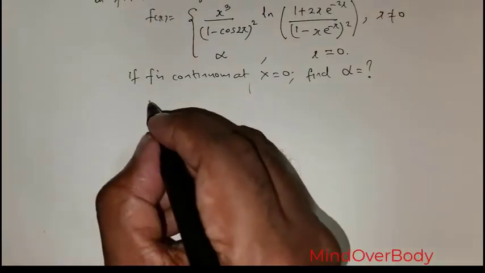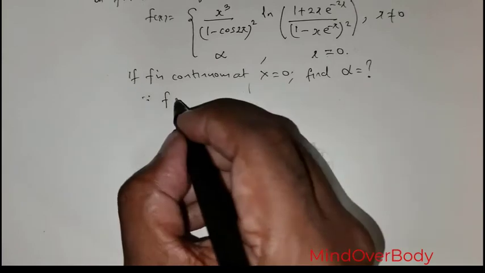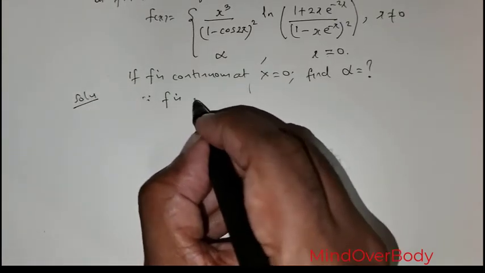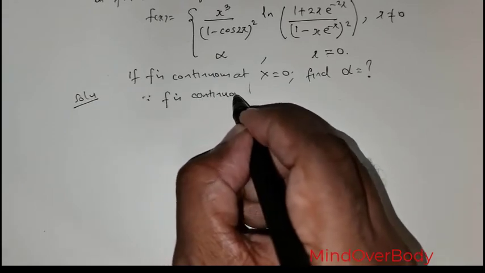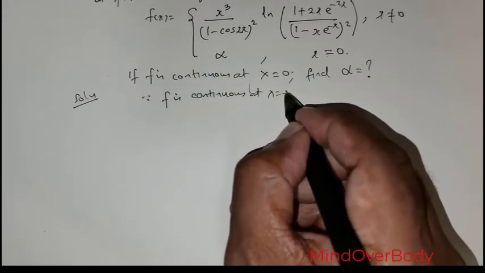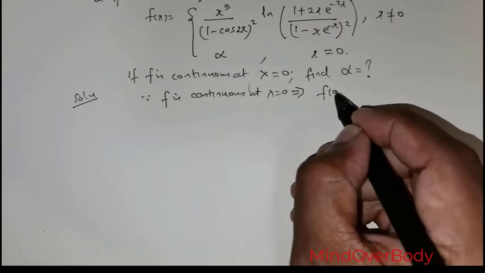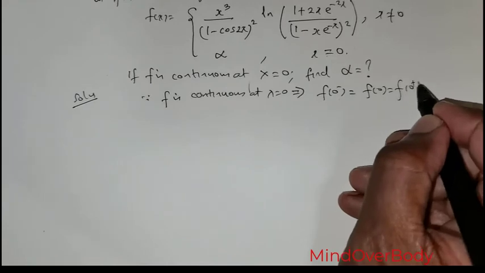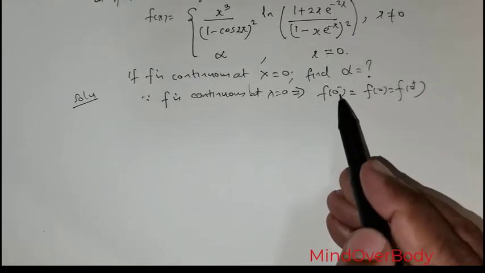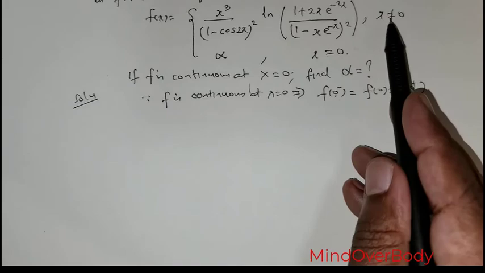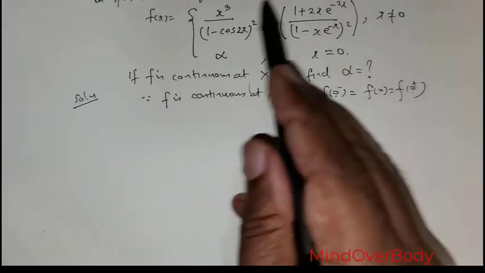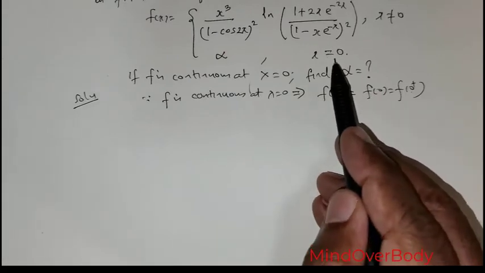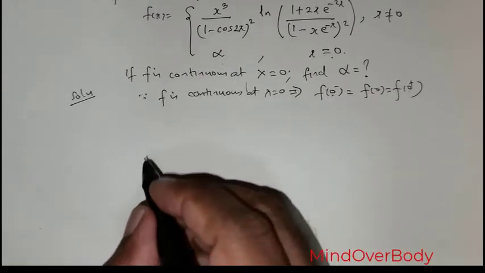Now, since the function is continuous, let me start off the solution in this fashion. Since f is continuous at x equal to 0, this means f(0−) is equal to f(0), which is equal to f(0+). For x equal to 0, this is what is given, alpha.